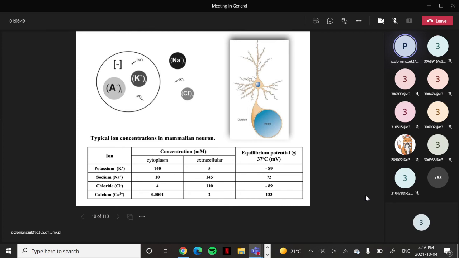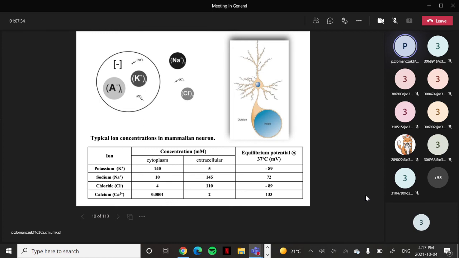When you look at the schematic, which came on right now, you have basically a summary of what is happening due to the activity of the pumps. And you can see this electrogenic effect of the pump. You can see this minus in the brackets in this schematic cell in the upper left corner. This indicates that the inside of the cell has a negative charge when compared to the external environment.